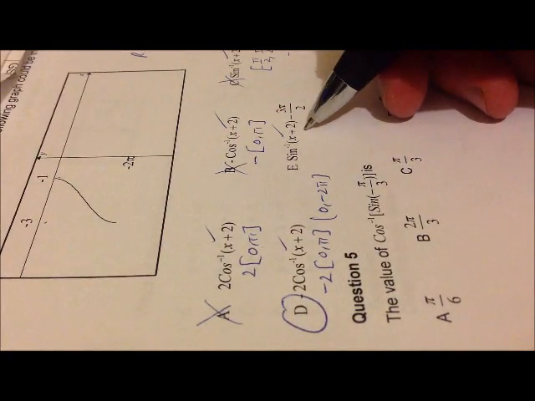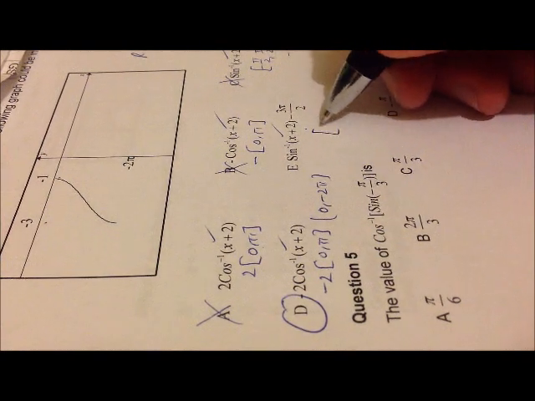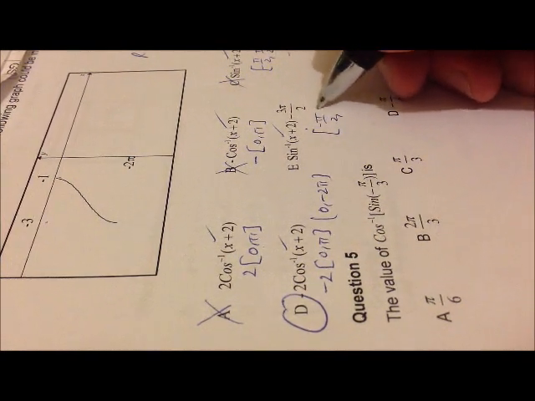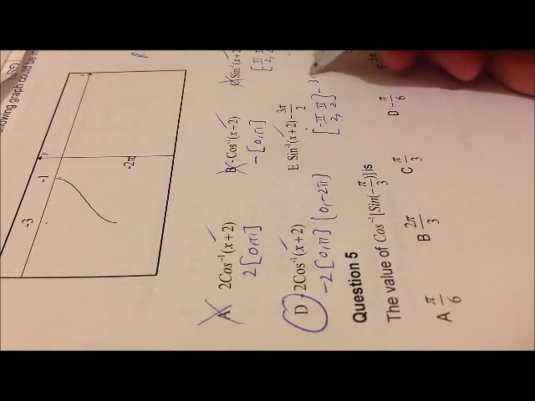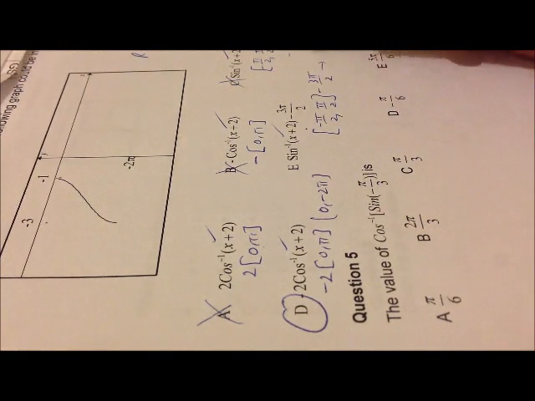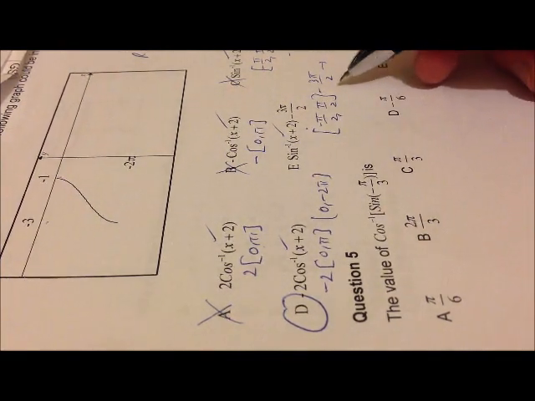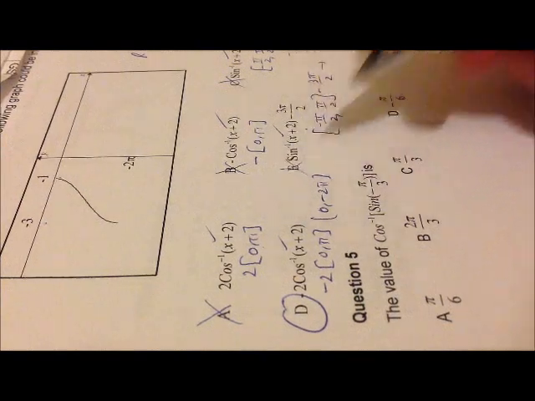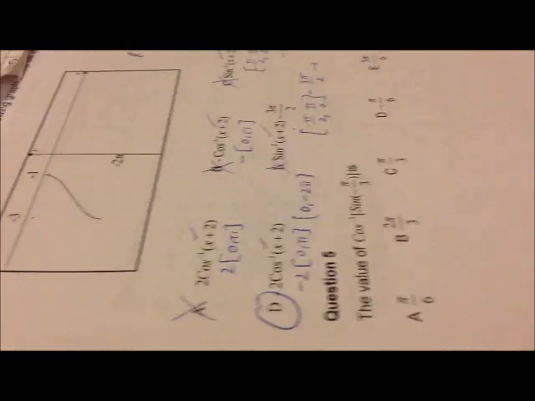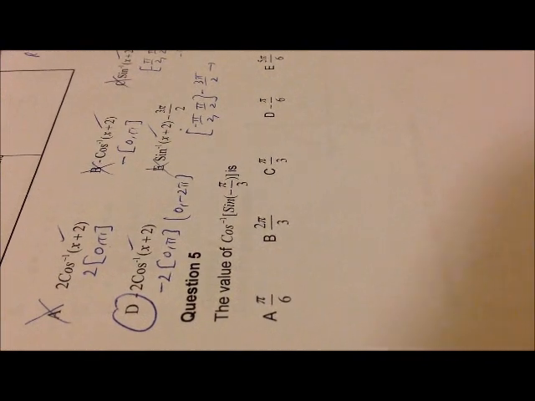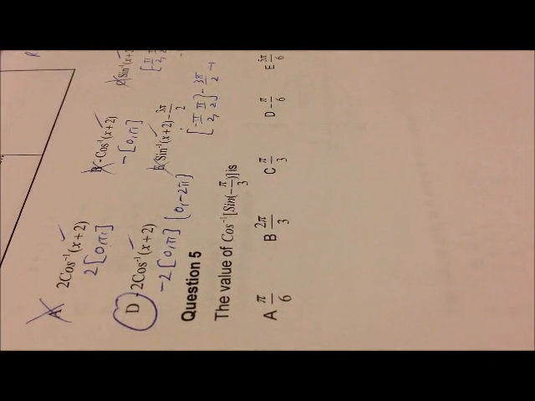And again, I would show this one by rejecting negative pi on 2, take away 3 pi on 2, and that gives us -2 pi and -pi. So again, that is rejected.